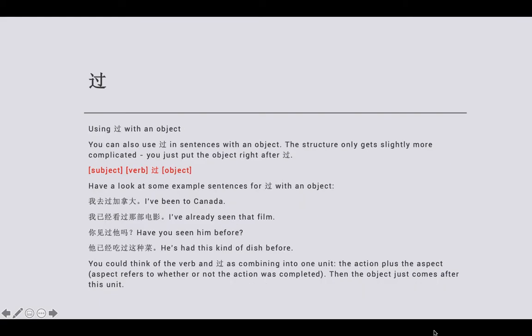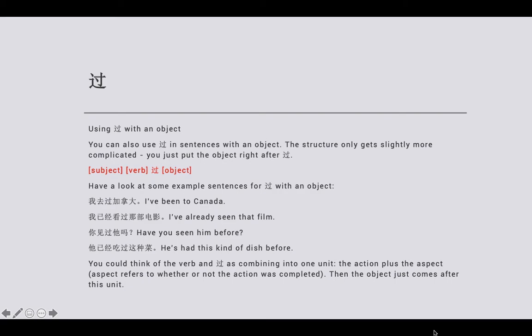And let's see how to put 过 with an object. When the sentence has an object, the structure is only a little bit more complicated. You can put the object right after 过.